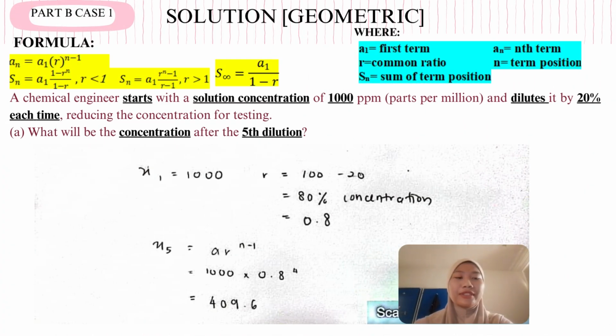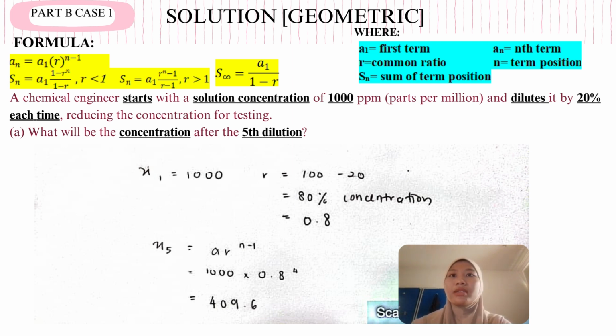So we move on to part B, which is geometric progression. The yellow highlight is the formula, the blue one is the meaning of the formula. A1 is the first term, r is the common ratio, Sn is the sum of terms, An is the nth term, n is the term position.